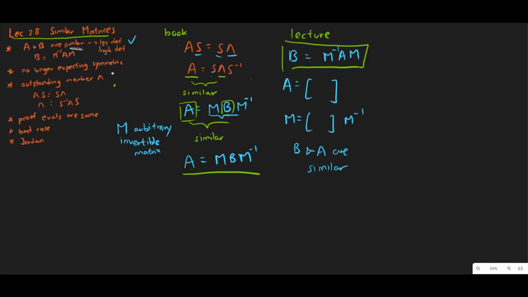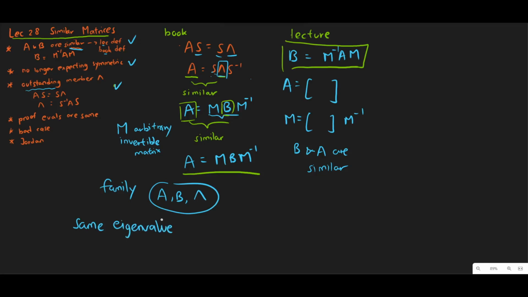My third point, which also relates to this equation, is that the lambda here is, I really like the word, the outstanding member in this family. So if I write like this, then A, B, and lambda are similar. They belong to some family. They are a family because they have the same eigenvalues, which is what I'm going to prove next.